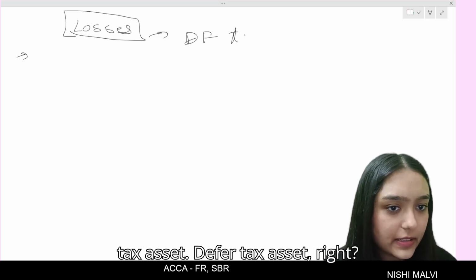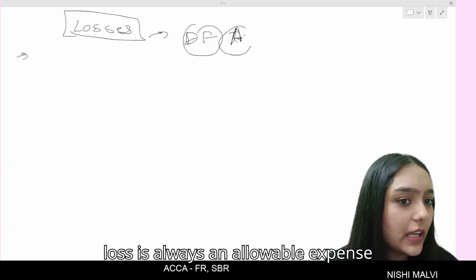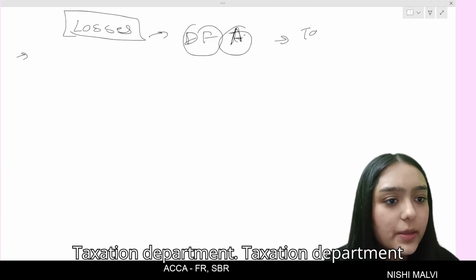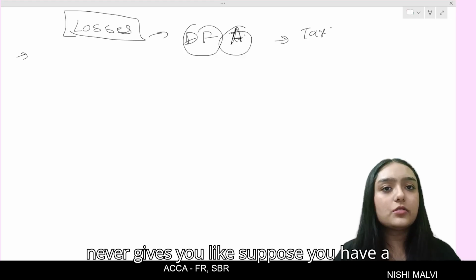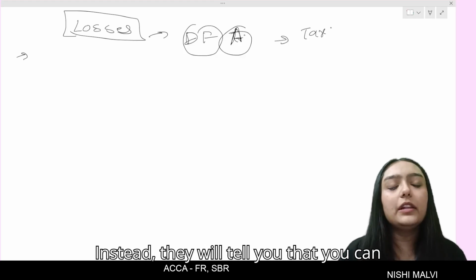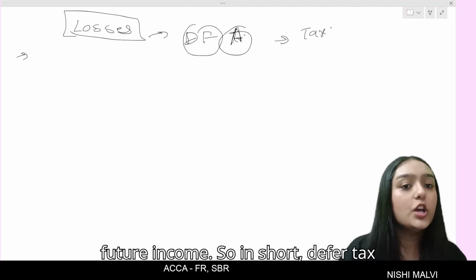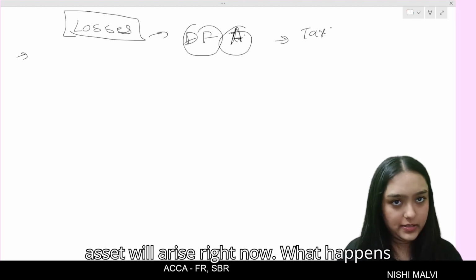Because see, there is a loss. Therefore, loss is always an allowable expense. Taxation department never gives you, suppose you have a loss, they won't give you money back. Instead, they will tell you that you can claim that particular loss against the future income. So in short, deferred tax asset will arise, right?